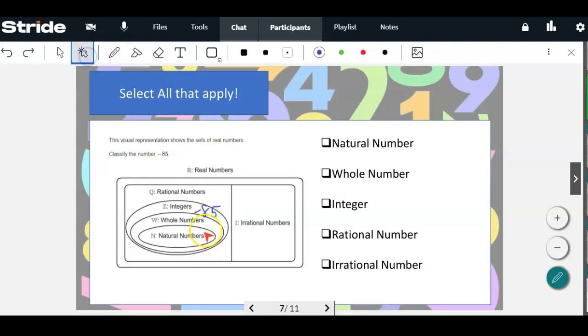Now, notice it's not a whole number, it's not a natural number, it's an integer and it's a rational number. It's not irrational. So it's not a natural number, it's not a whole number, it is an integer. I don't know if you have to check it, but you have to select that on the test, and it's a rational. So just those two.